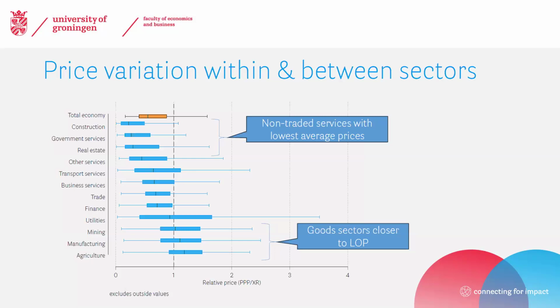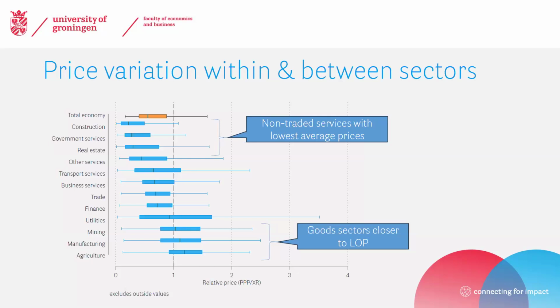After Samuelson. If we then look across sectors, you'll see first the most non-traded services: construction, government, real estate. At the other end, you have the goods sectors, mining, manufacturing, and agriculture. They tend to be around the law of one price.